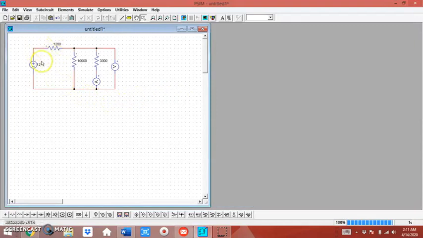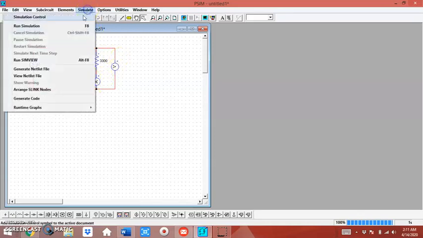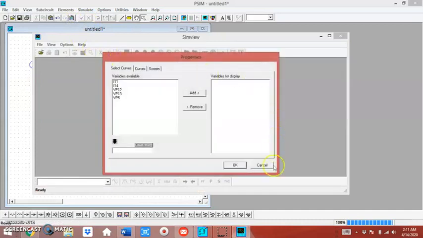So here the value is 12 volt, to resistor 1, resistor 2, resistor 3. Now let's measure the current and voltage. So simulate them.